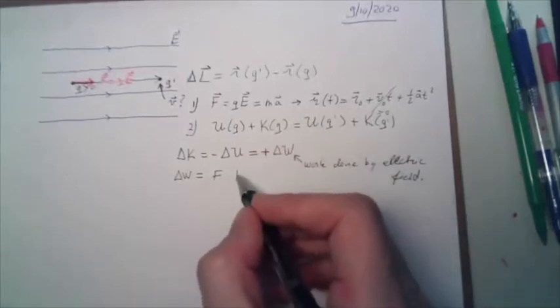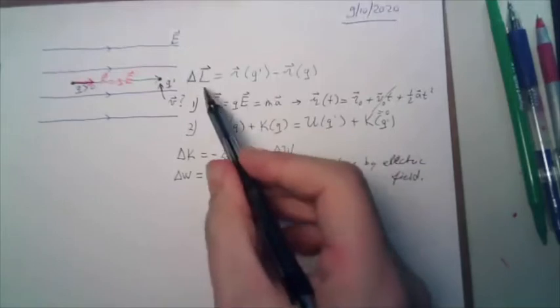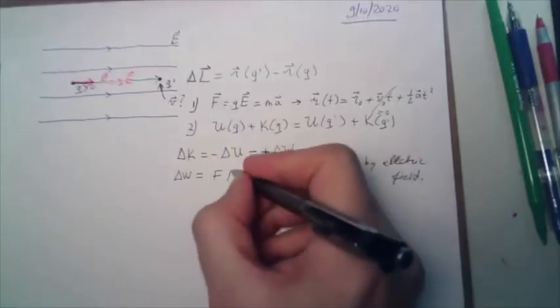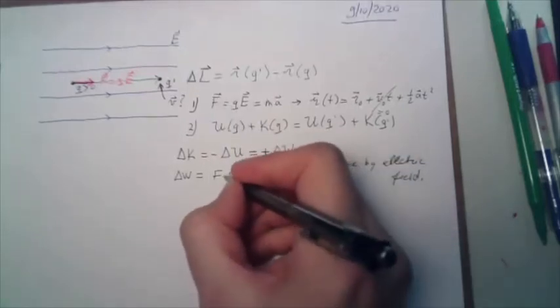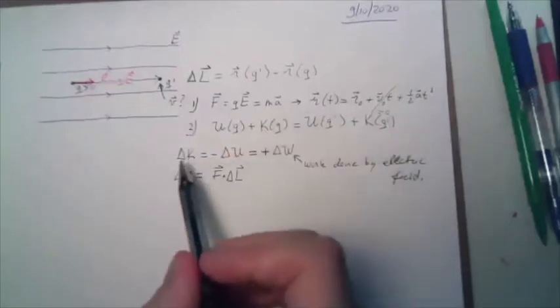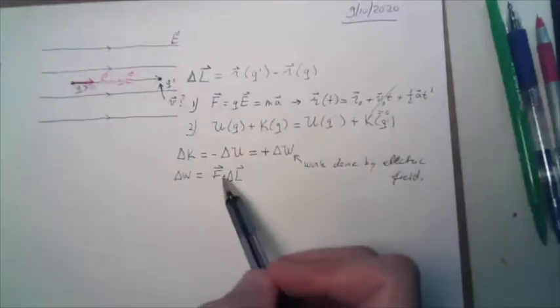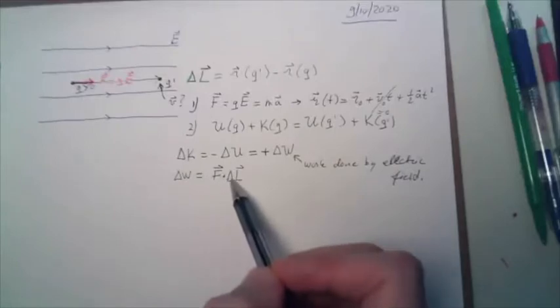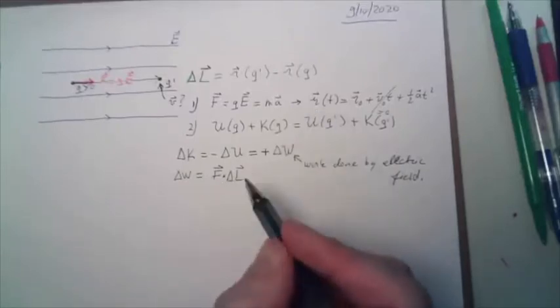And because we've actually defined L as a vector, we can just do delta L vector, and then we can dot that with F. In this case, the F and the L are pointing in the same direction, so this generalization doesn't really do anything. It's just F times L. All right.